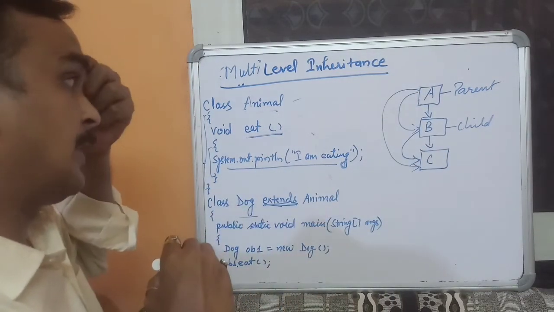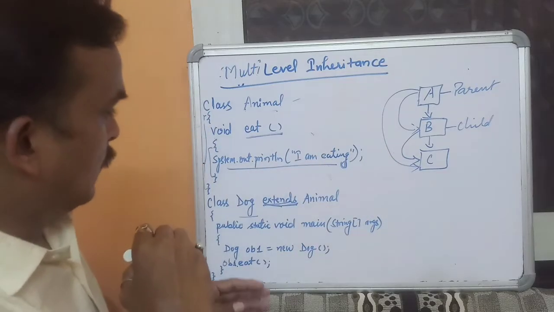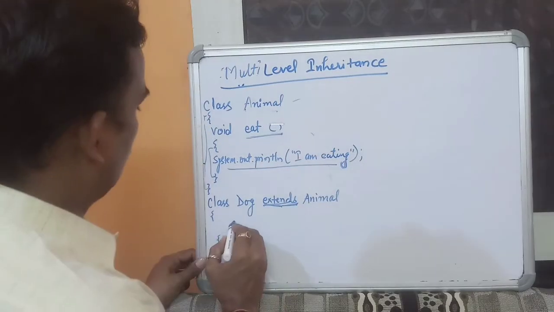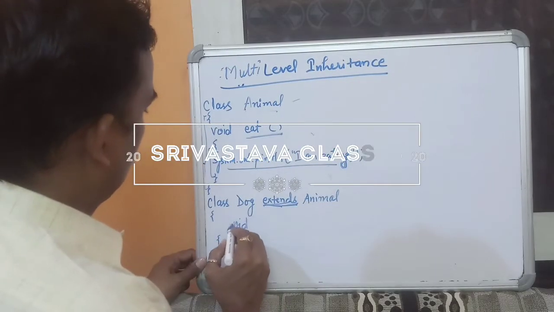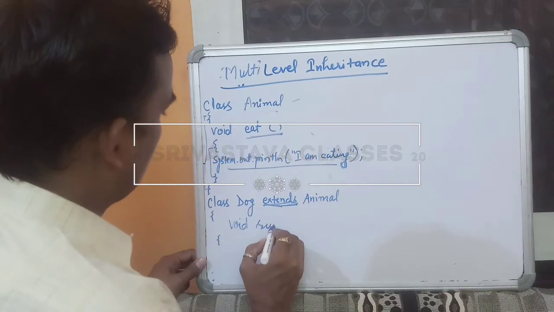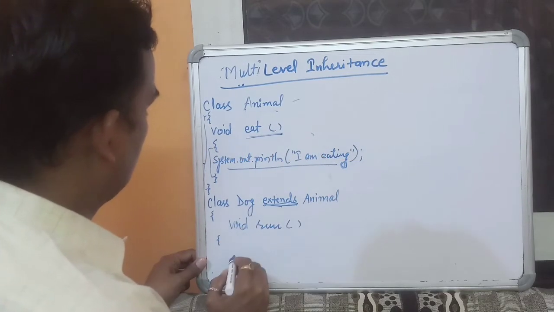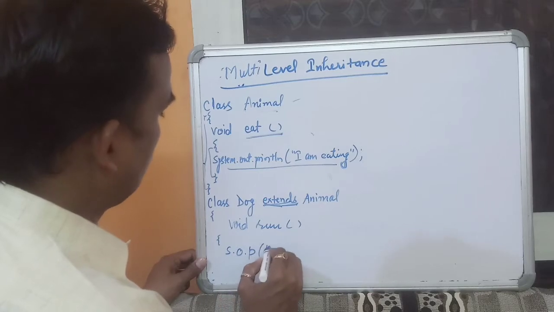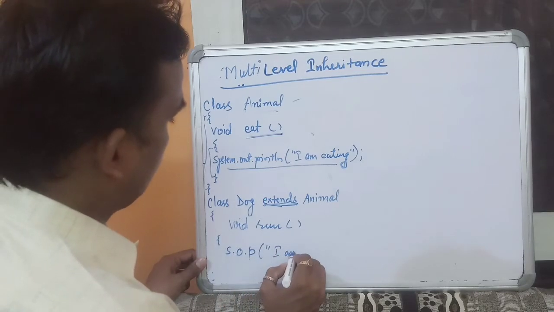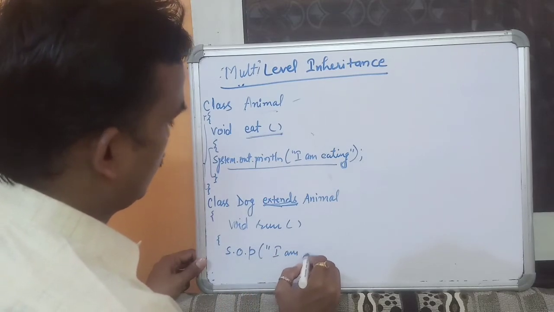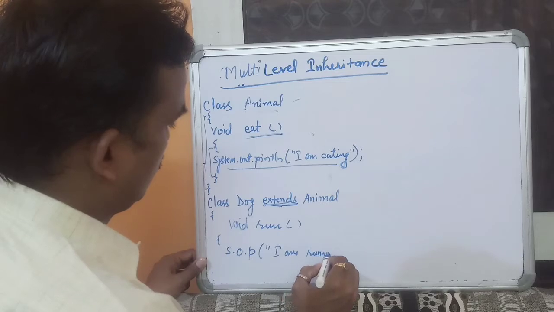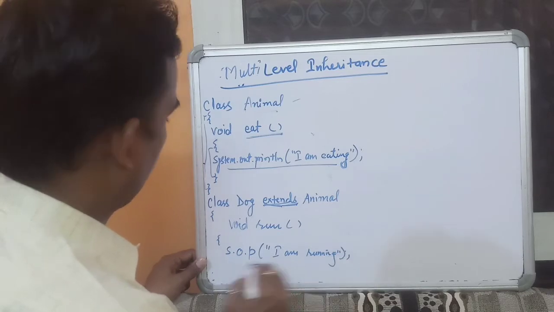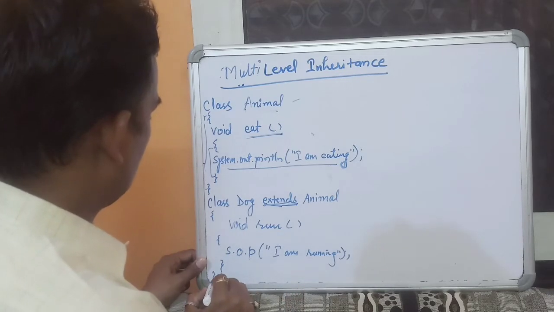This is the scenario which we have to perform in our exam, that is void run, and in that SOP, System.out.println, I am running. Okay, and it is closed, class is closed.